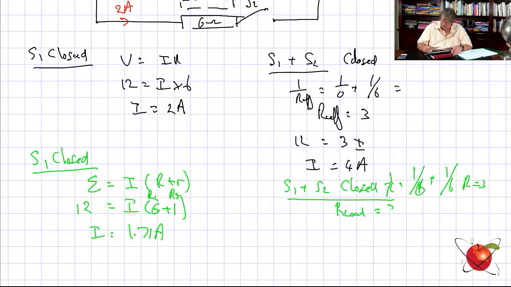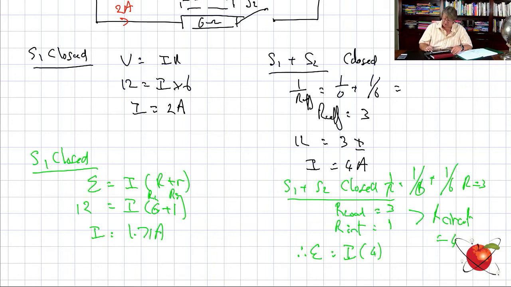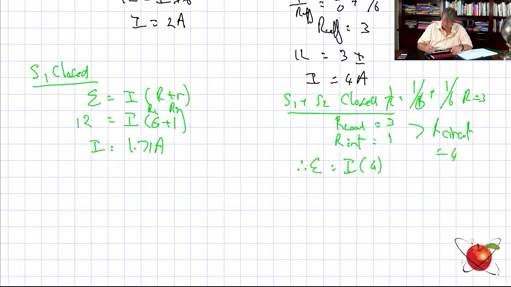But R load is 3, and R internal, the little r, is 1. Therefore R circuit equals 4. Therefore EMF is equal to I times 4. Remember that? 12 is going to be equal to 4I. Therefore I is equal to 3 amps.